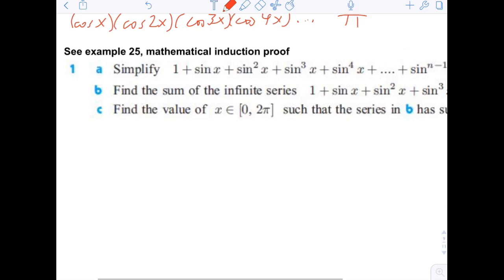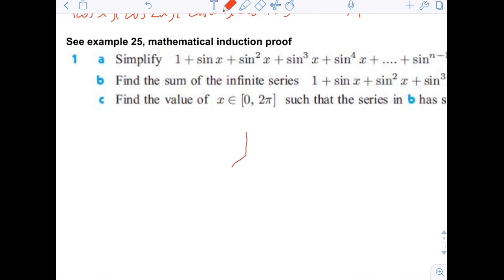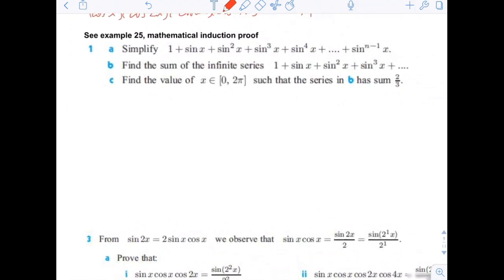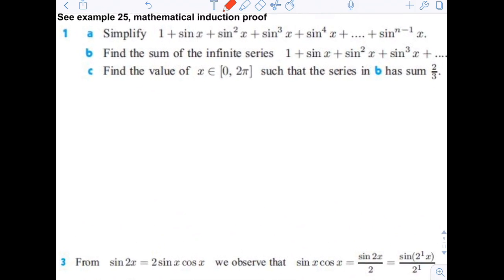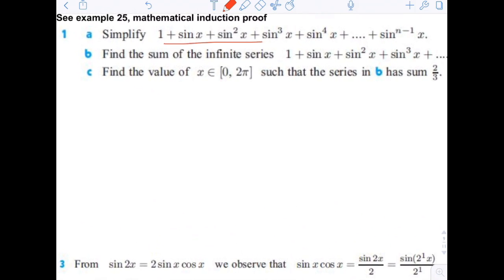Okay, let's do number 1. We are going to simplify this trigonometric sum, a series. 1 plus sine squared plus sine cubed plus sine to the fourth plus blah, blah, blah, all the way to sine to the n minus 1.